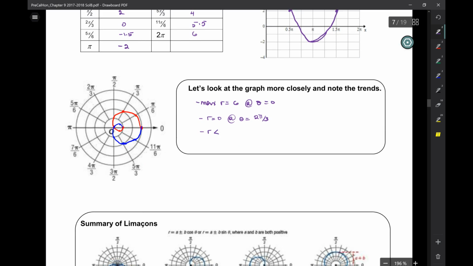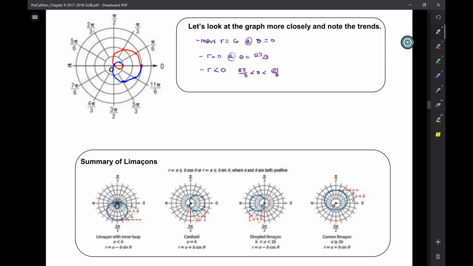So r is less than 0 between what and what? Basically between 2 pi over 3 and 4 pi over 3. It goes into the negative direction, and then it's positive again.